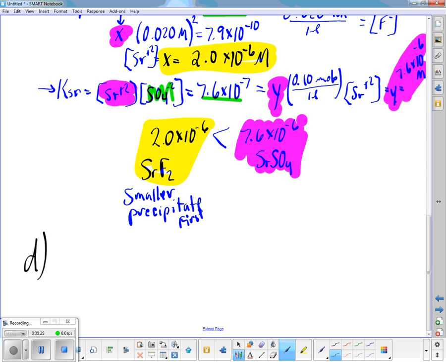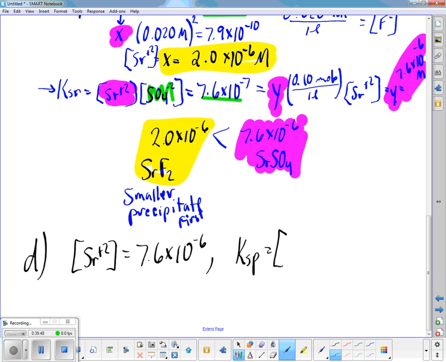And on this one, we know that when strontium concentration is equal to that 7.6 times 10 to the minus 6, then we can determine our KSP for the strontium fluoride like this, because at this point we now are precipitating out the strontium sulfate, right?